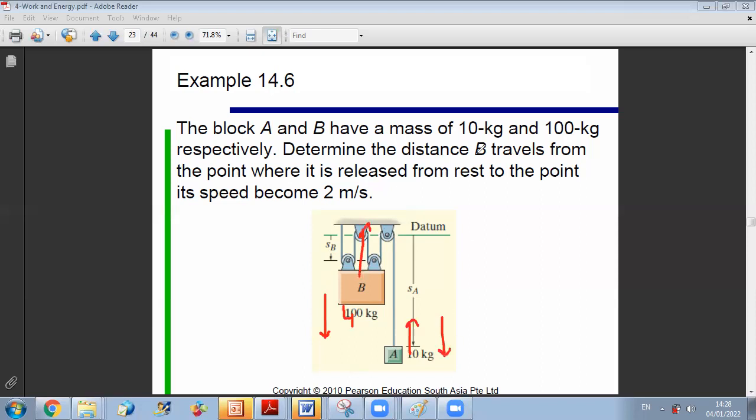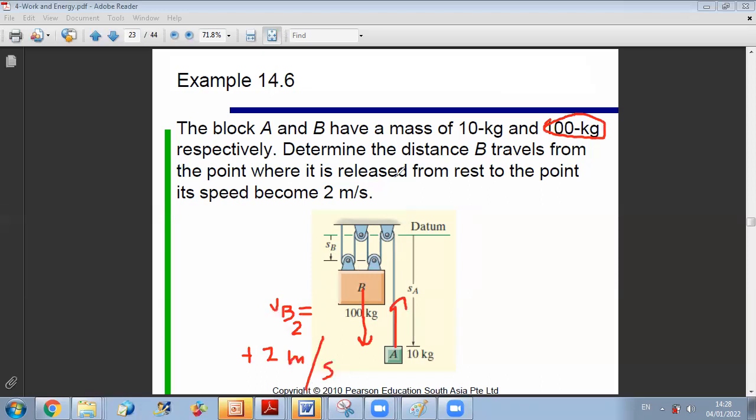In this problem, the mass of B is higher than 40, so B will be displaced downward and A will go up. This is why VB will be positive, and it's given here. They gave you that at the final state, VB2 is plus 2 meters per second.